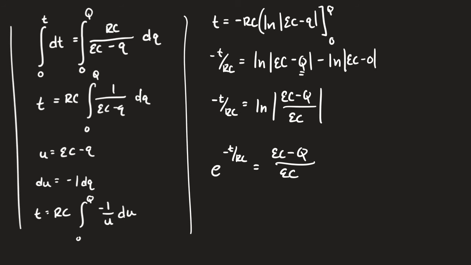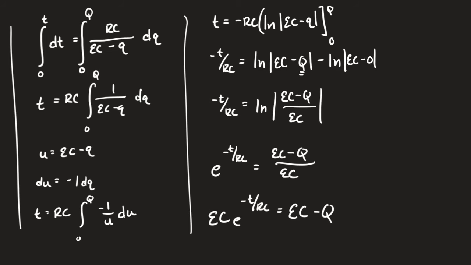Now we want to solve for q. So I'm thinking multiply both sides by EC. Told you this is going to be really mathy, but understand that this is mostly just algebra. That doesn't make it easy, I know.